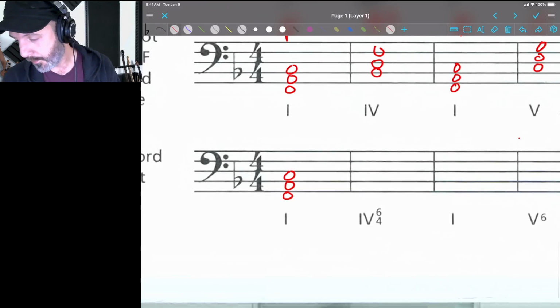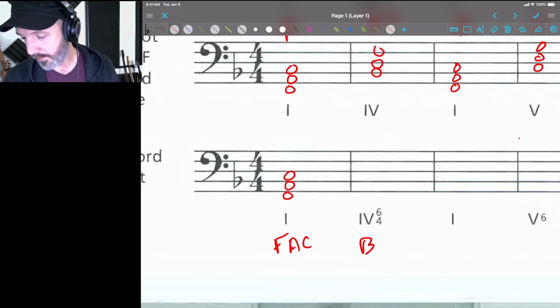You know 6/4. So if you know it's going to be a second inversion, right? So the F, A, C, B flat, B flat triad. If we know this equals second inversion, which means F is going to be our lowest note.